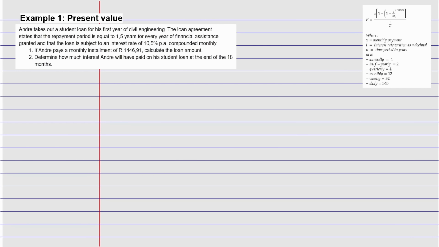So the first thing it says: if Andrew pays a monthly installment of 1,446.96, calculate the amount of the loan.